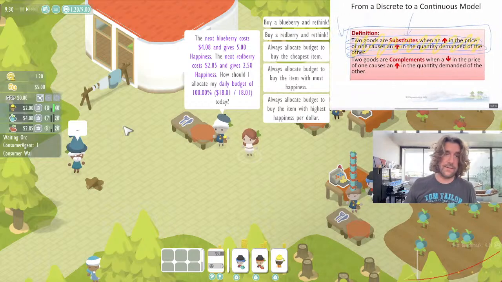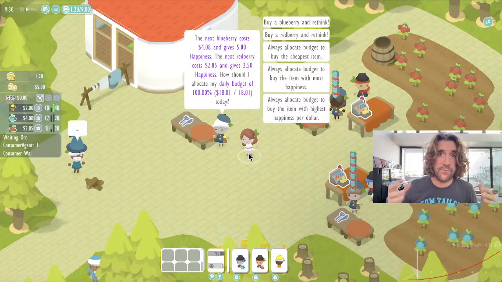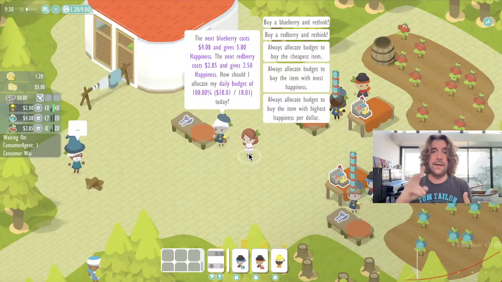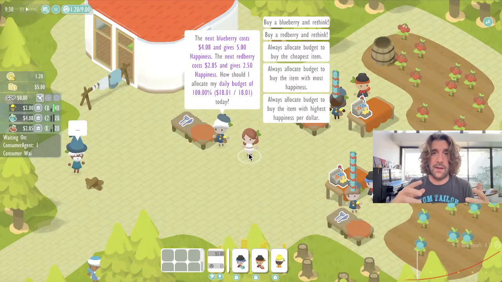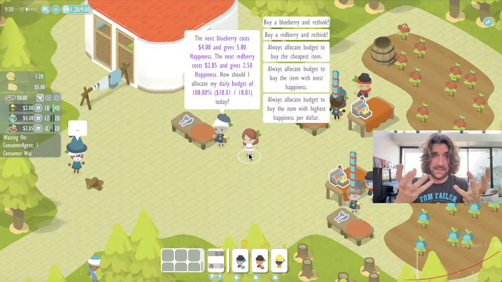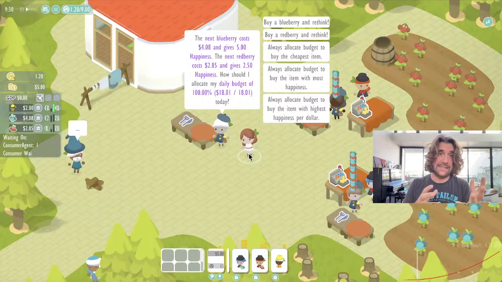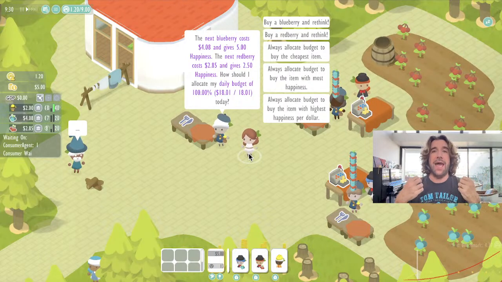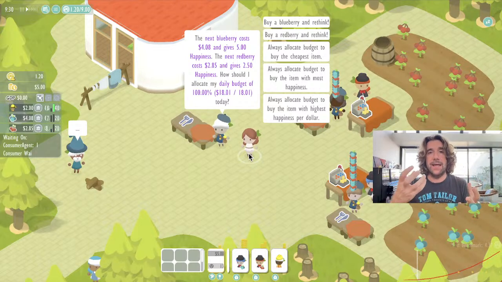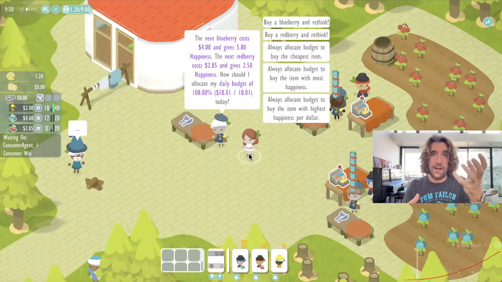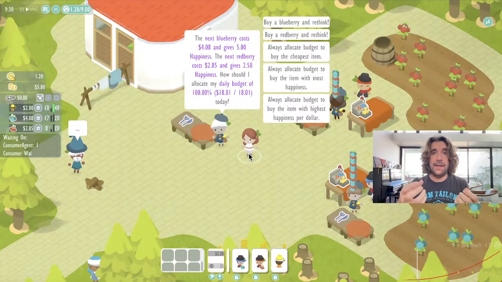Fantastic. And this is all I wanted to say about this level. It touches on important concepts, utility, and the idea of the cost-benefit principle applied to the consumption of two goods that are substitutes, because in this case, red berries and blueberries give happiness in a way that you substitute one with the other in the way just described.